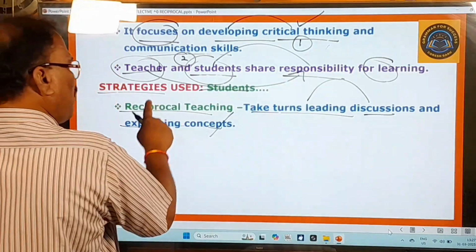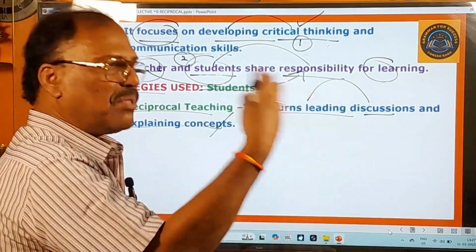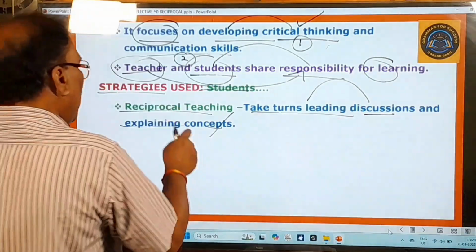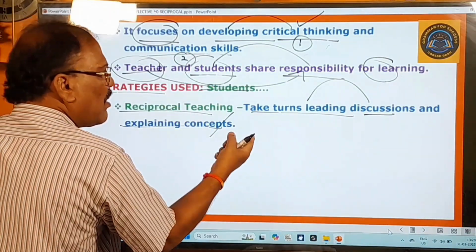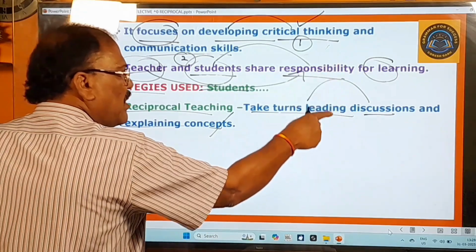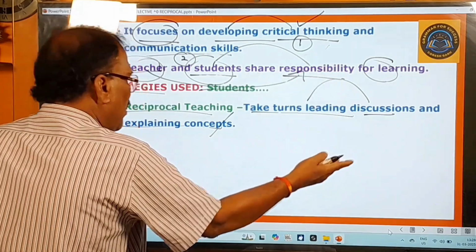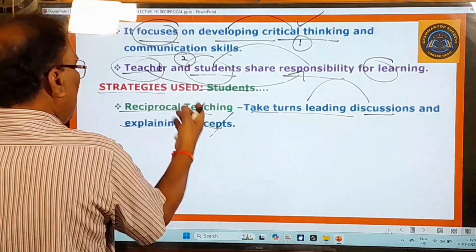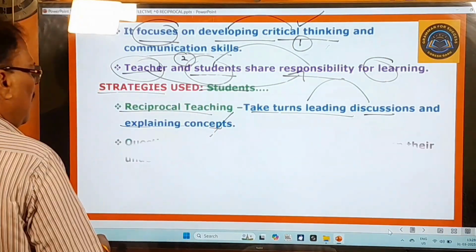So this is called reciprocal teaching. The students teach themselves. The students participate in the discussion and they explain the concept to one another. They lead the discussion, they explain concepts to one another. So all such things will take place. That is a very interesting strategy in this approach.